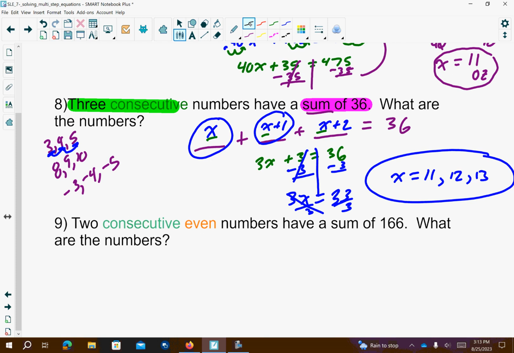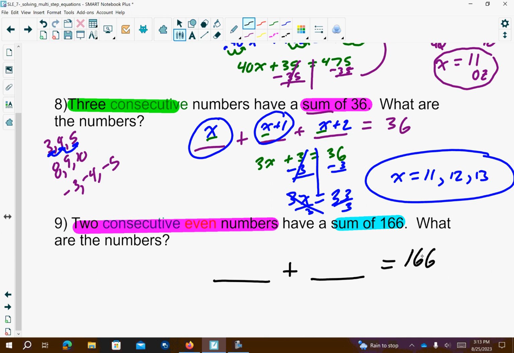Okay, problem number 9. It says two consecutive even numbers have a sum of 166. What are the numbers? So I have two consecutive numbers that have a sum that gives me 166.